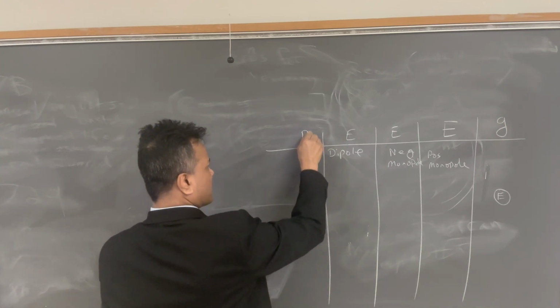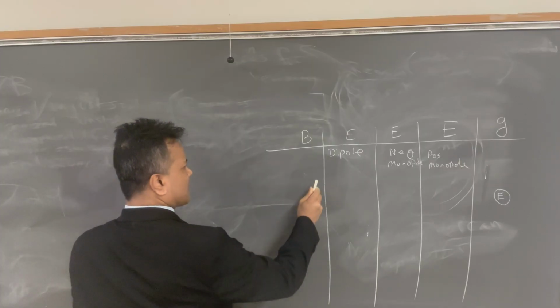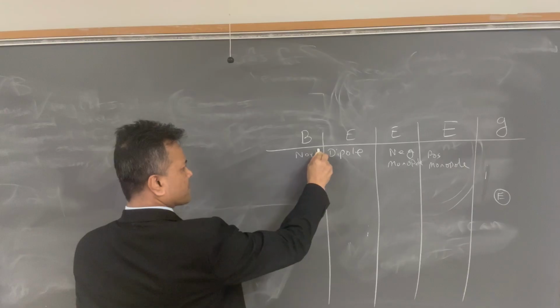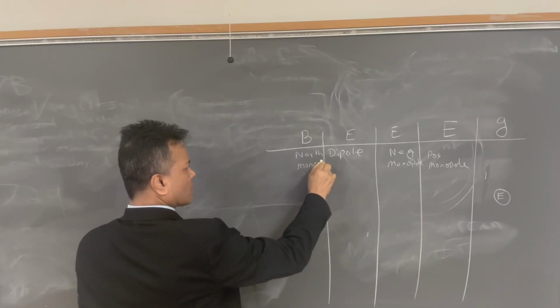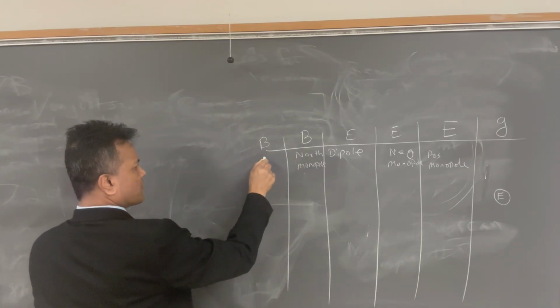This is magnetic field, B for magnetic field. Magnetic field on a north monopole. Magnetic field on south monopole.